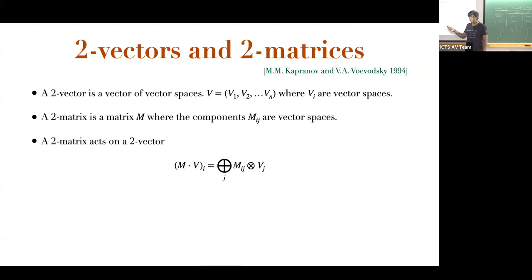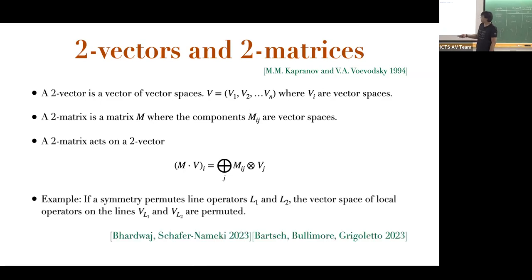But these actually appear a lot even in Chern-Simons theories. And the way they appear is in the following way. Suppose you have two line operators, L1 and L2, permuted with each other under some symmetry. So there is a zero form symmetry which permutes these lines. But as I said earlier, each of these lines in general can have some local operators sitting on them.